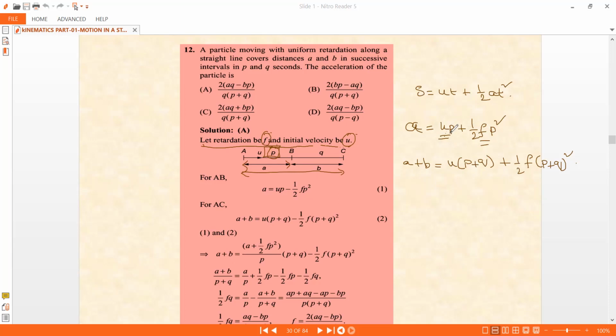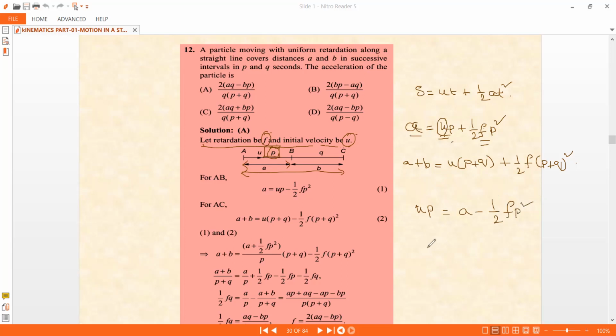So what I do is we want to find F, so we'll try to eliminate U from here because the quantities A, P, Q are all given to us. So we write UP is equal to A minus half FP square.